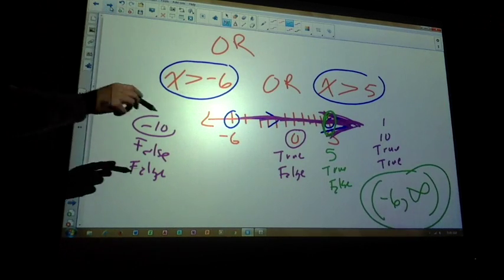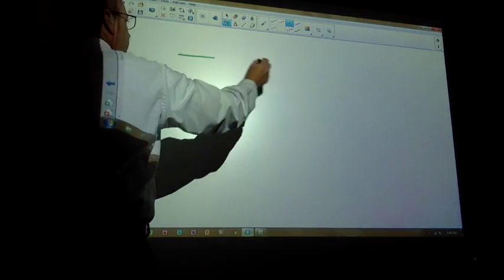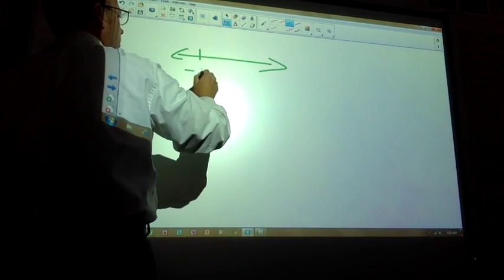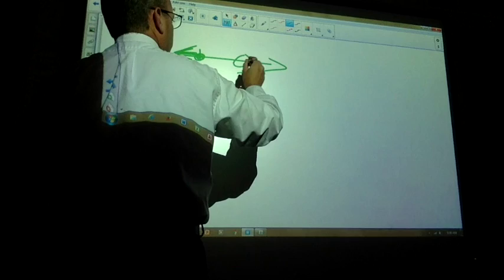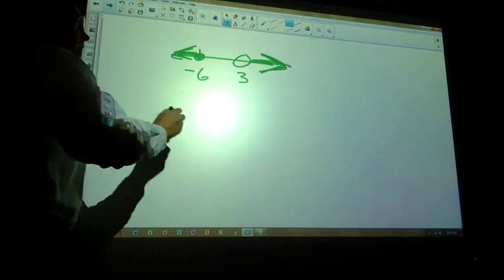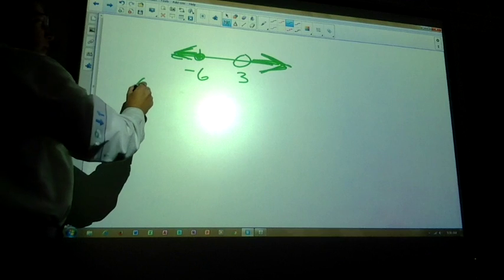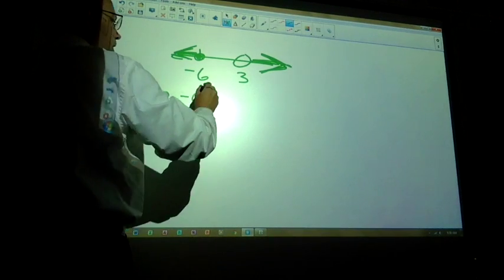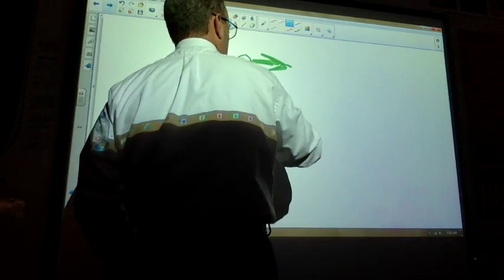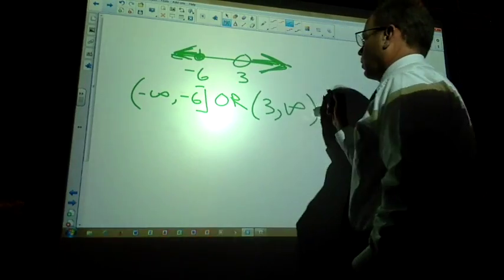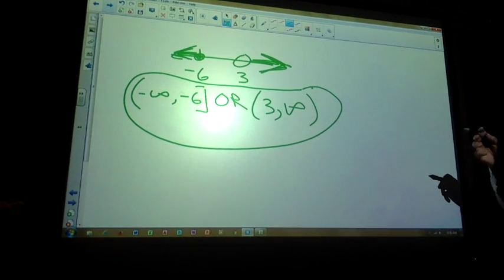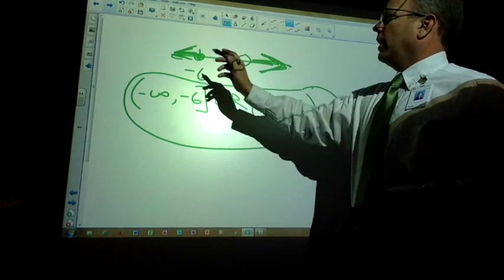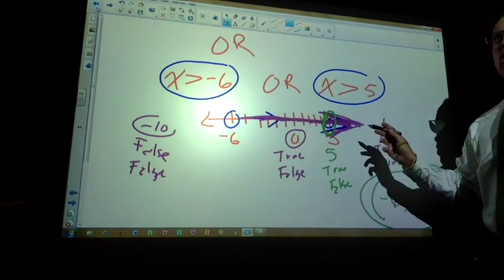The traditional OR, if our graph looked like this, our solution would go from -infinity to -6, closed dot, or from 3 to infinity. That's what we had been working on originally. But now we've made one of these flip over, like this problem, where it overlapped.